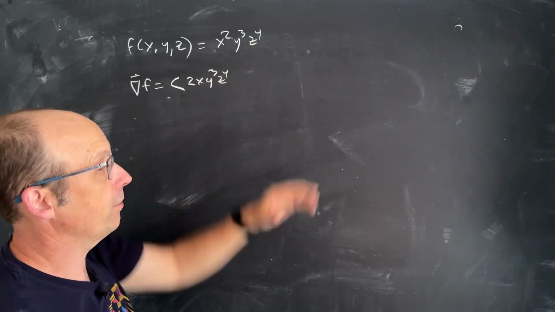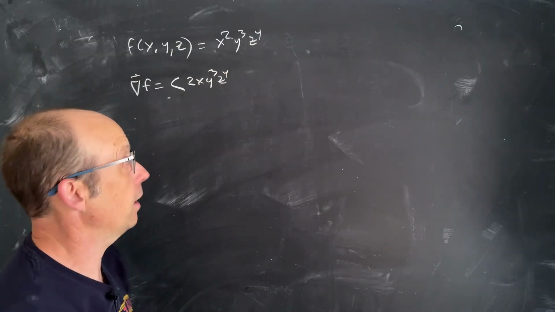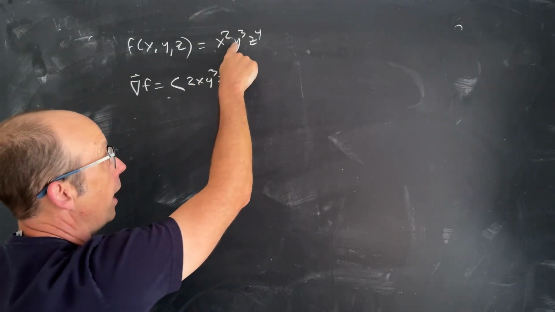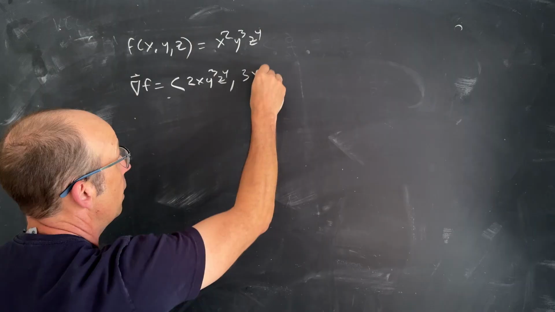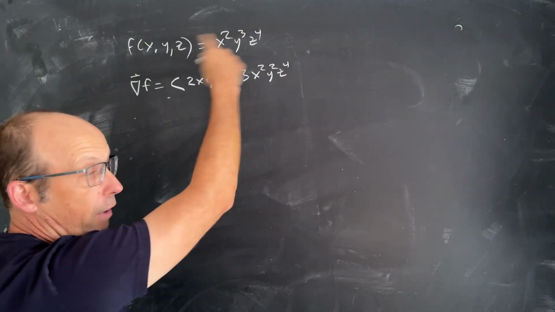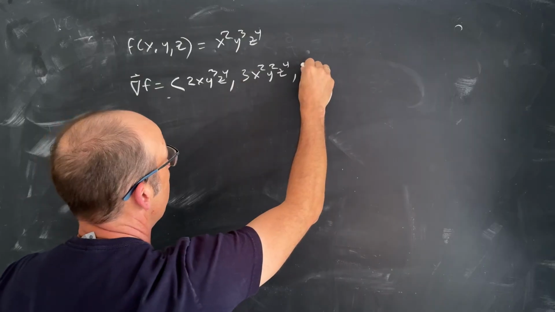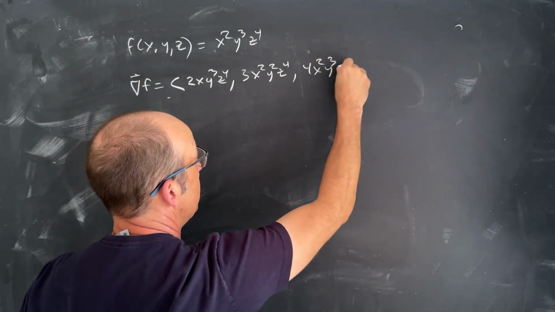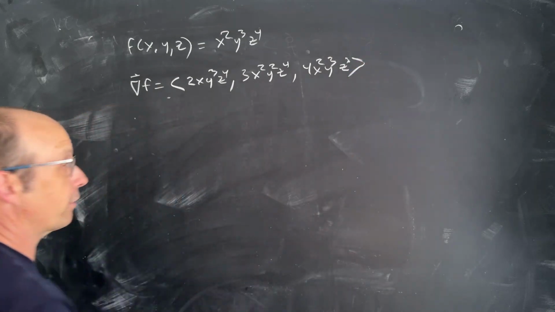So y cubed and z to the 4th are just constants. Now for the y component, I take the partial with respect to y, so I get 3 x squared y squared z to the 4th, power rule, right? And then for the z, I get 4 x squared y cubed z cubed. And that's my vector function for the gradient.